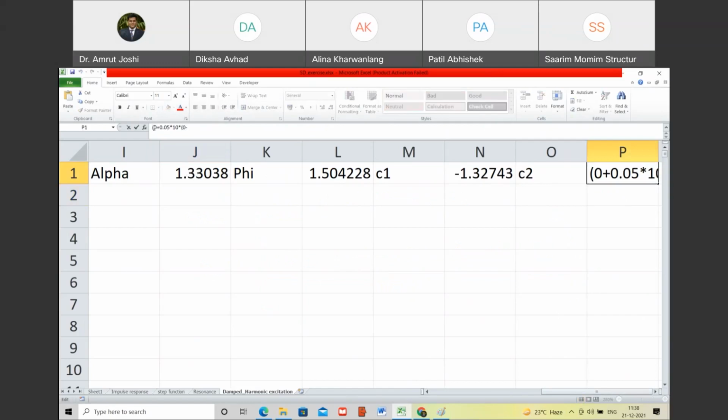No, equal to is missing. Alpha into sin of phi.